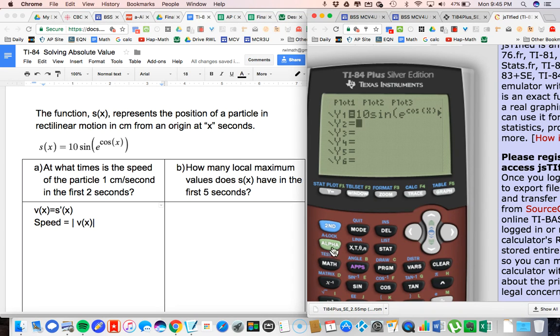When you press the green alpha button, so you press alpha and you hit y equals, you're going to get a series of menus. One on fractions, the second one on derivatives, absolute value, etc. The third one on matrices, which we don't use, and the next one on calculations.